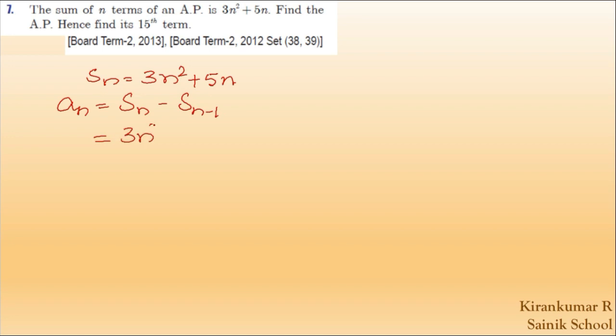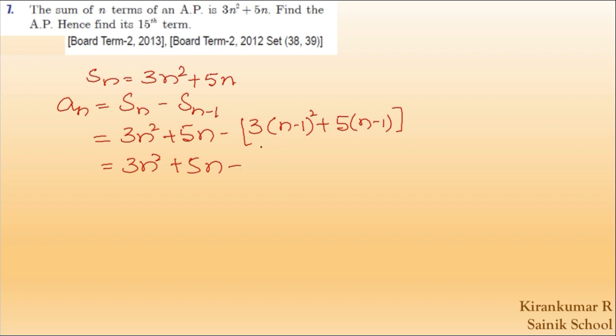Sn is 3n square plus 5n, and minus, in the place of n we need to replace n minus 1: 3 times n minus 1 whole square plus 5 times n minus 1. We get 3n square plus 5n minus, simplify this, we will be getting 3n square minus 3 plus 6n minus 5n plus 5.